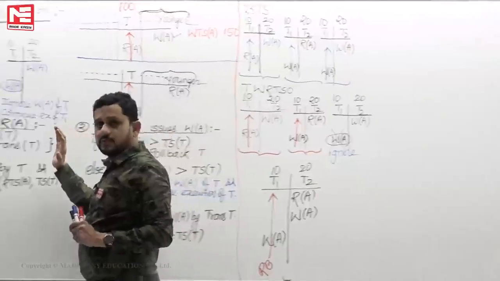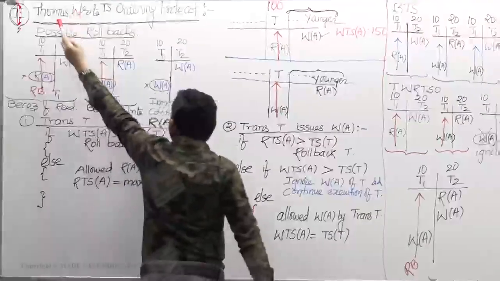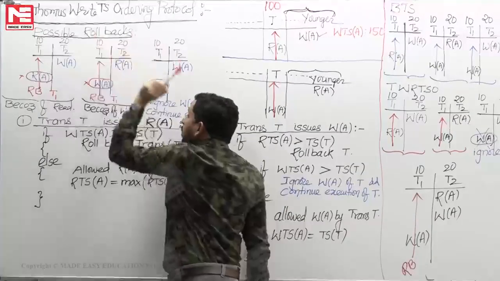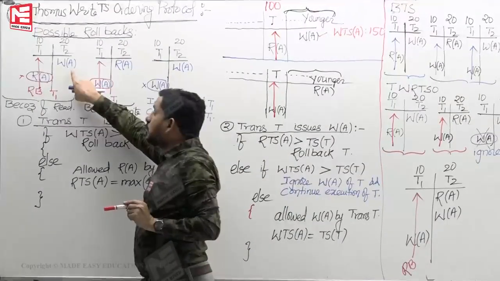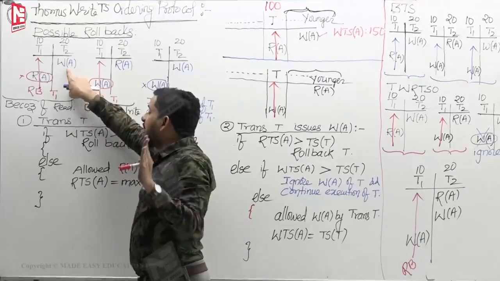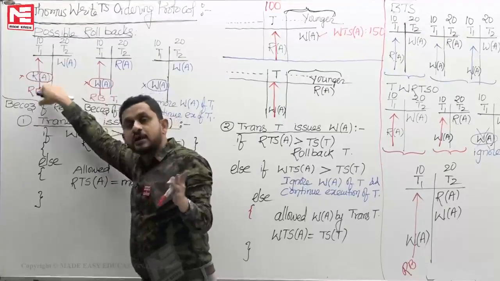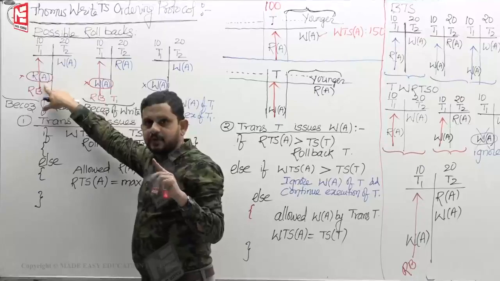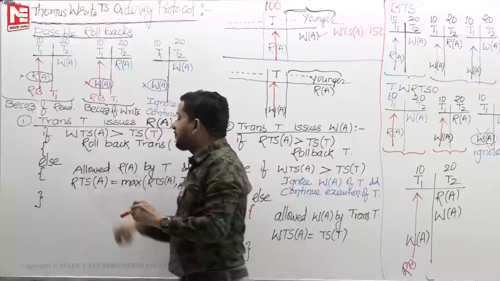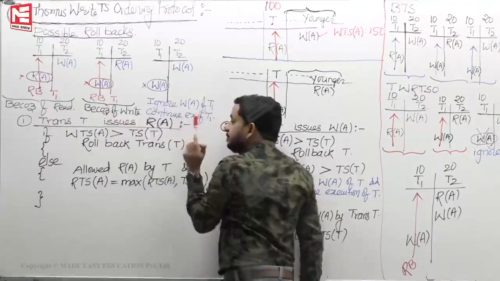Okay, so now see the definition. Thomas write timestamp ordering protocol, possible rollbacks. First rollback, because of read. If the younger transaction already did the write, then the older transaction's read request is not allowed even in Thomas write rule timestamp ordering. No change. So this is the rollback because of read. Just look at this one: transaction T issues read.